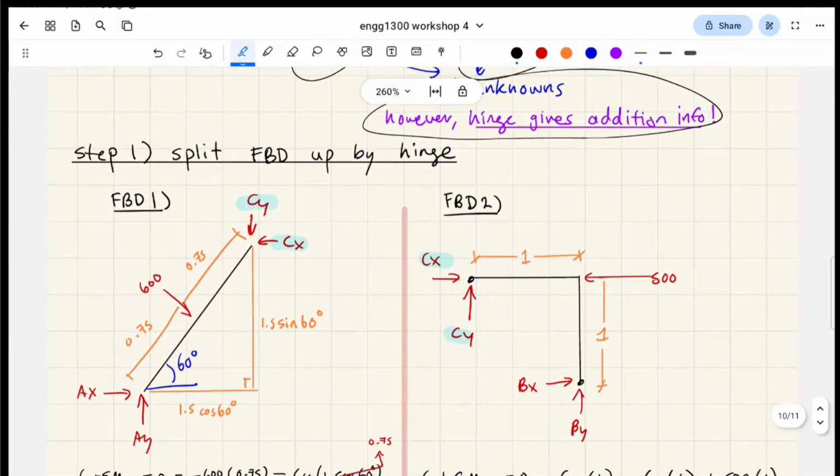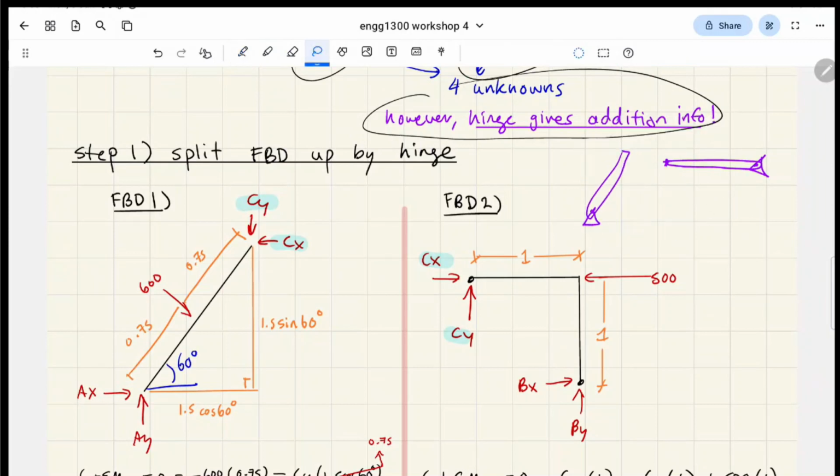The first thing you do when solving a machine or a frame is split it up by the hinge. So in certain questions, it might look like this. You do your free body diagram for this and then for the other one. So it's at the hinge that you split it up.